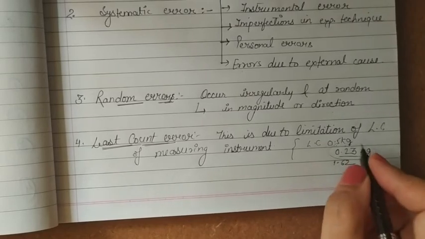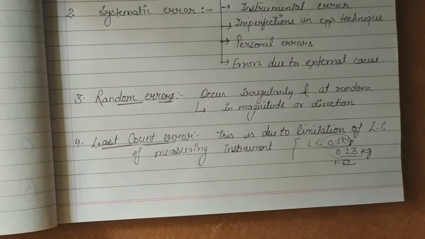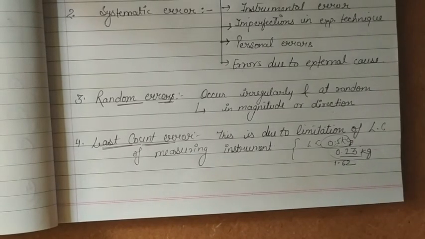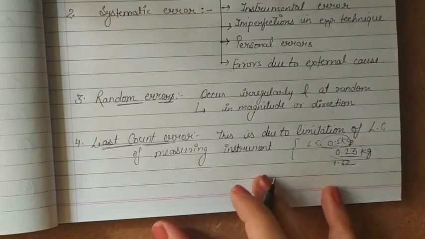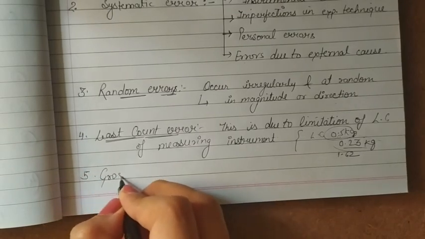So this is the limitation because of its least count. So the error that is because of the least count of measuring instrument, such error is called the least count error. And the last kind of error, that is the gross error or mistakes जिसको हम बोलते हैं.